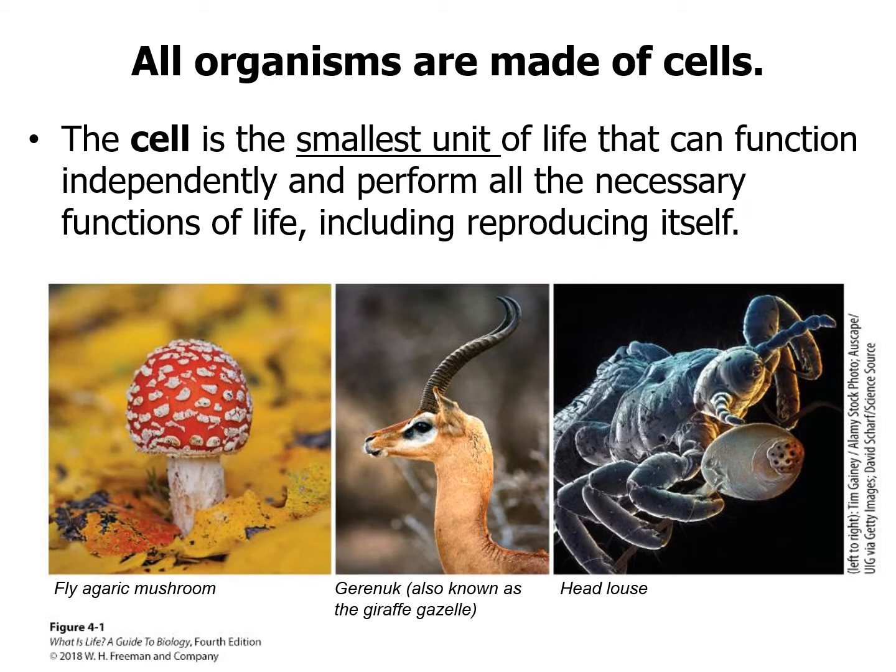Alright, so all organisms are made up of cells. You probably know that cells are the smallest unit of life. They are very, very tiny, and most organisms are made up of multiple cells. Some organisms are made up of a single cell, and we'll talk about that in a little bit. But cells are the smallest unit of life that can function independently and perform all the necessary functions of life, including reproducing itself.